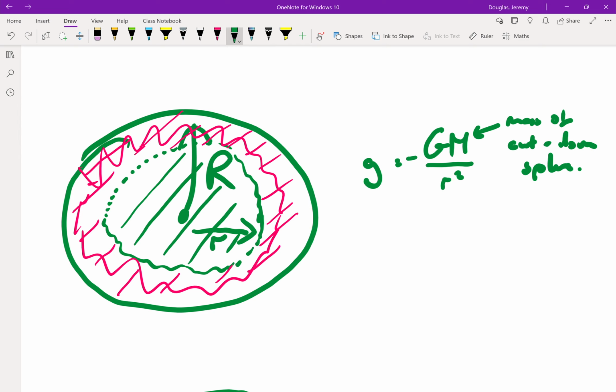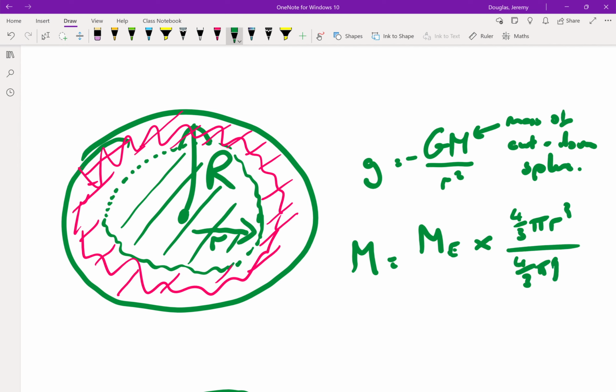Well, m is going to equal the total mass of the Earth multiplied by the ratio of little r to big R cubed, because we've got a sphere whose volume is 4/3 pi r cubed divided by 4/3 pi R cubed. Of course, the 4/3 pi cancels, so m is going to equal the mass of the Earth multiplied by r cubed over big R cubed.